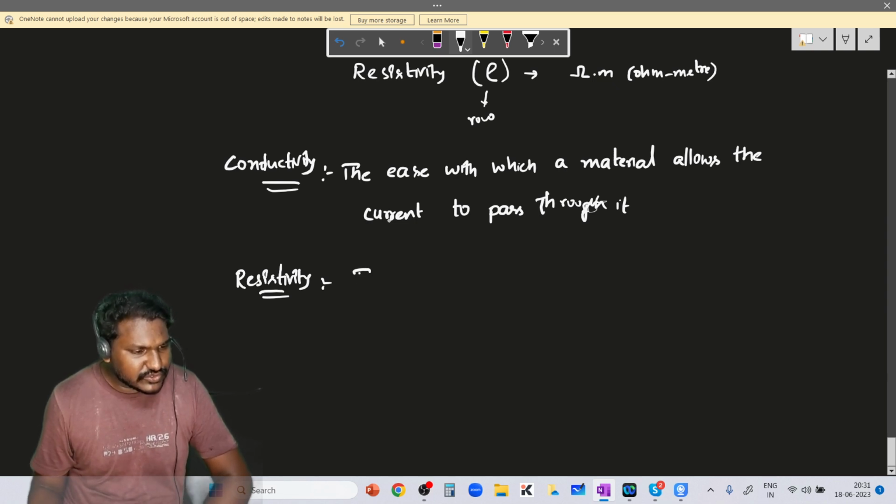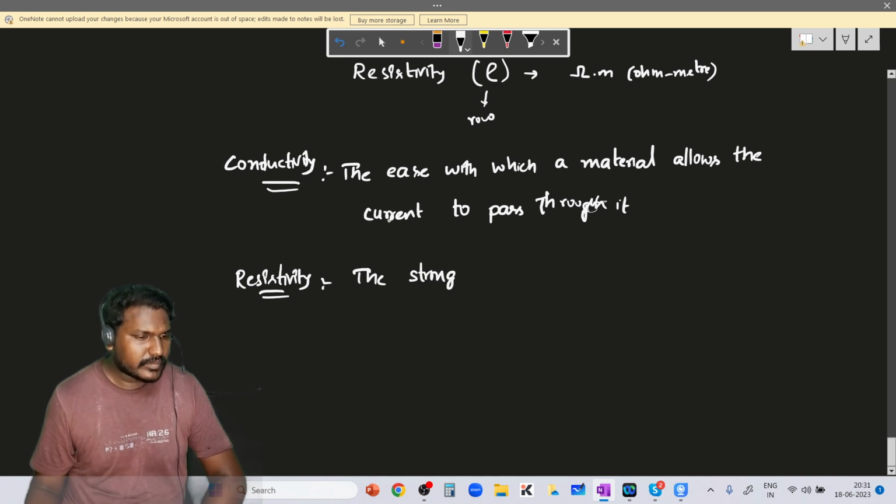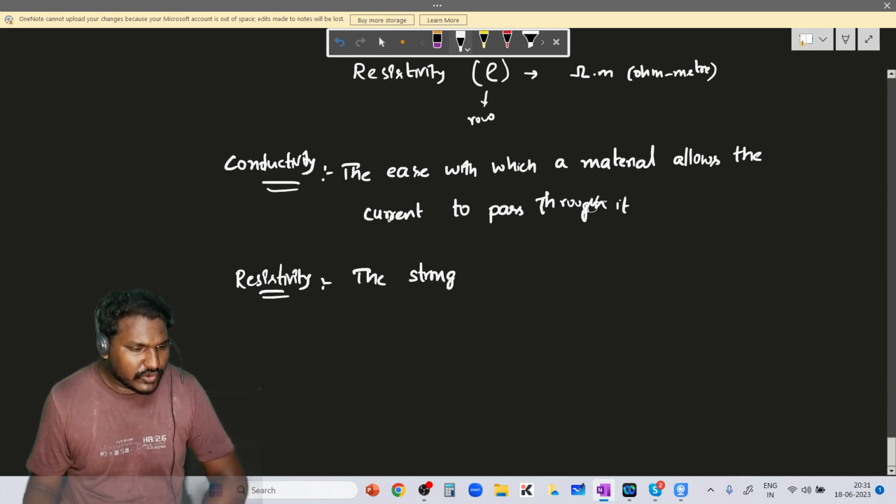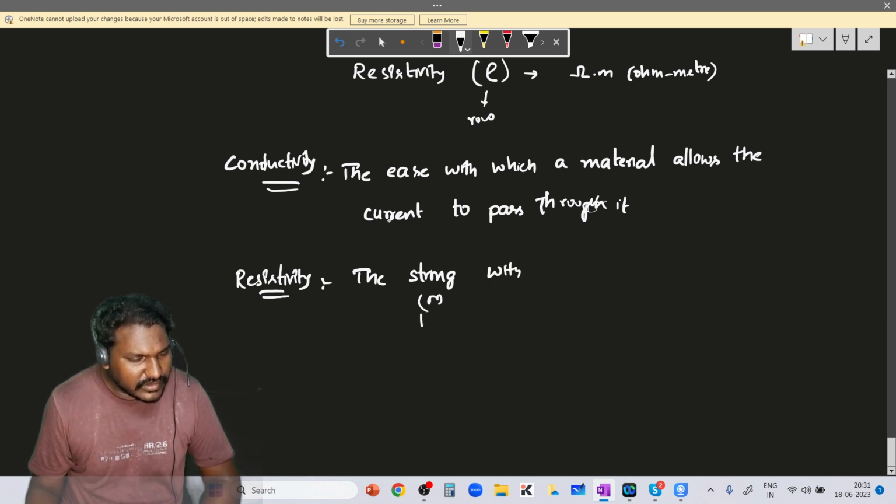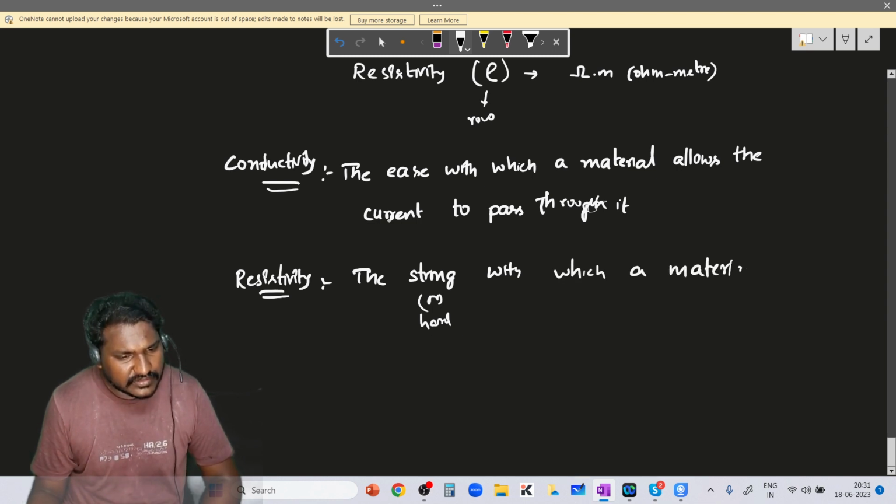Resistivity is defined as how strongly a material opposes the flow of current. I don't bother about grammar. The strength, or the hardness, with which a material opposes the flow of current is known as resistivity.